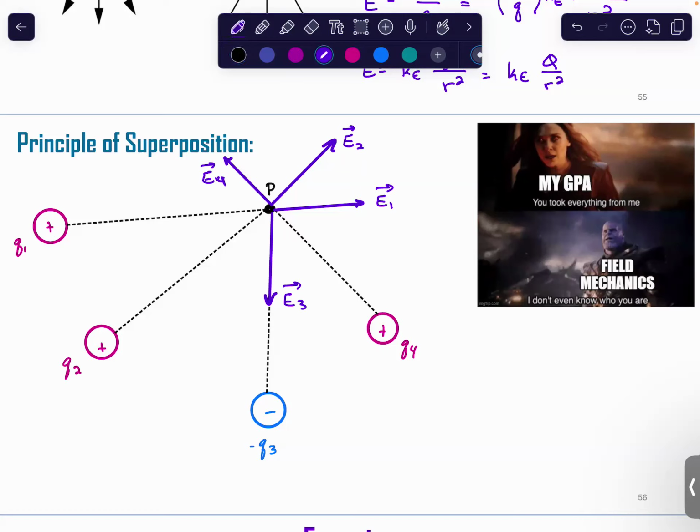So the electric field at point P is going to be the vector sum of all of the different electric fields going through that point.